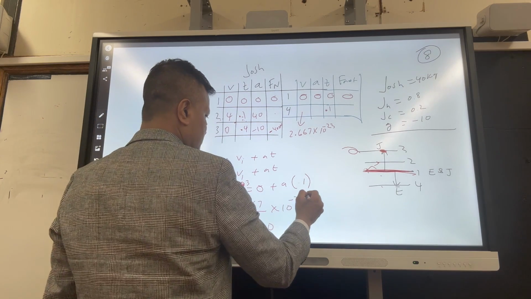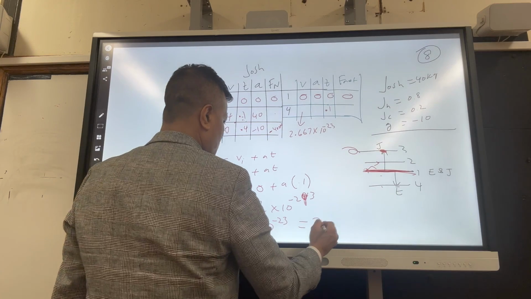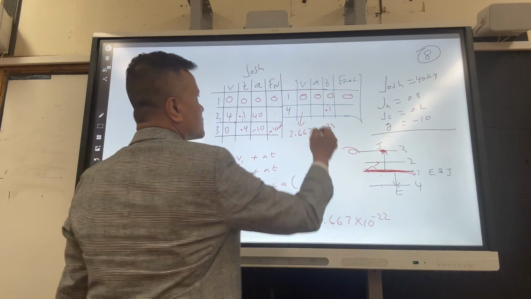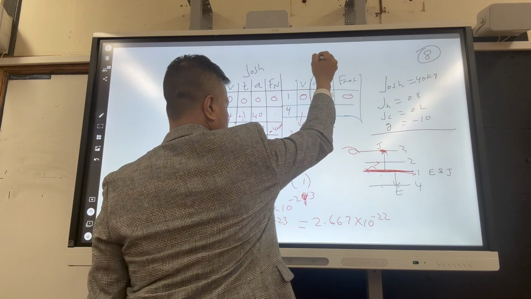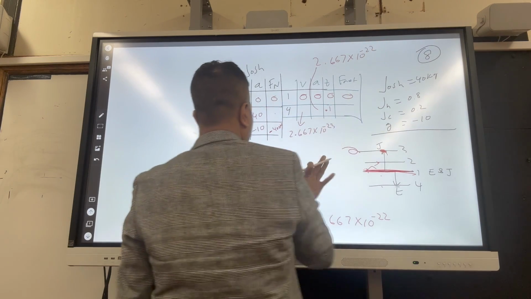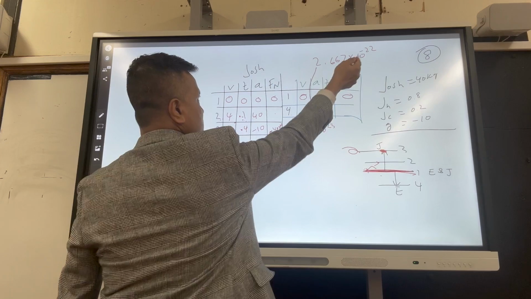I must be tired, so this must be 2.667 times 10 raised to negative 22. So this one, acceleration, is 2.667 times 10 raised to negative 22. Okay, great. You can write 3 times 10 raised to negative 22, you can do that.